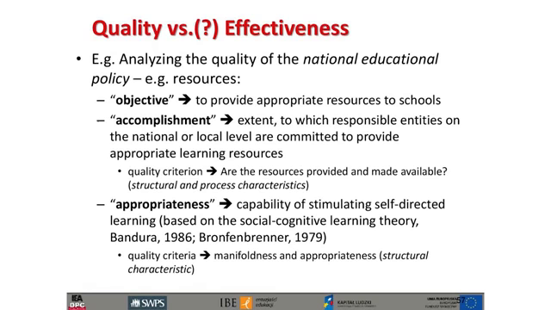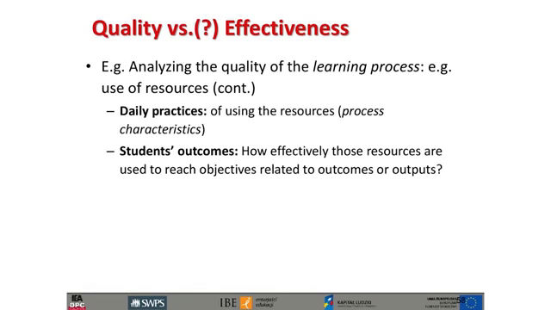When taking this example onto a lower level, like learning processes, we could consider daily practices of using the resources and, of course, include a couple of process characteristics. But also, of course, student outcomes: how effectively those resources are used to reach objectives related to outcomes or outputs. And also here, we can define any kind of outcomes.